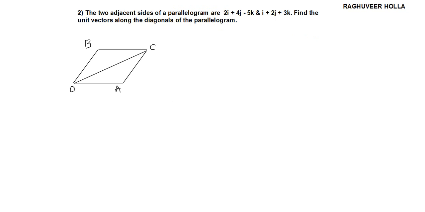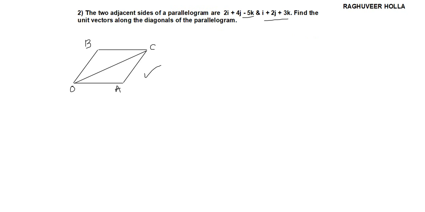Now I have two adjacent sides of a parallelogram. So this being a parallelogram, and these are the two adjacent sides of the parallelogram. Let us find the unit vector along the diagonals.